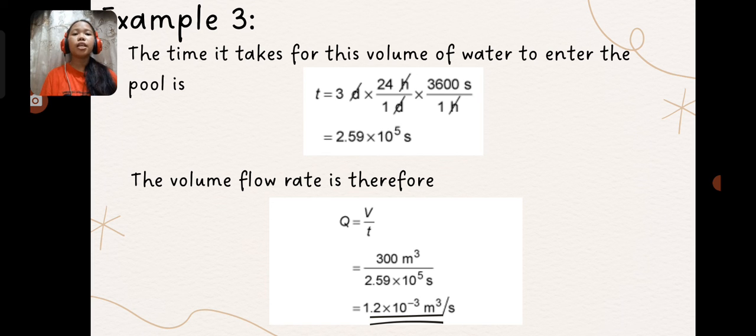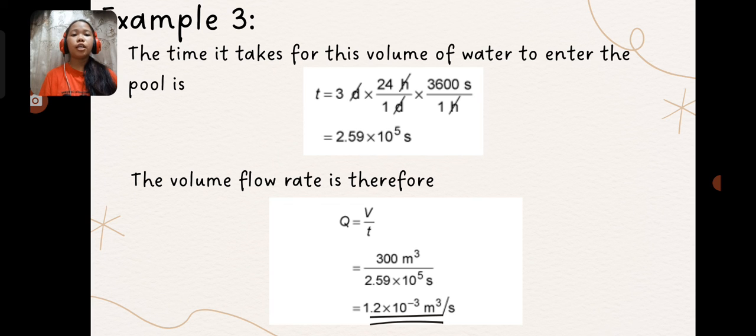The volume flow rate is therefore, as I said earlier, the way of finding the volume flow rate differs depending on the given data or the problem we need to solve. So the volume flow rate is volumetric flow equals volume divided by time.